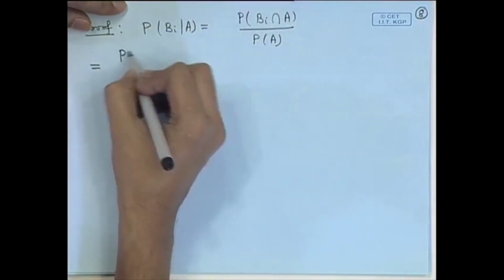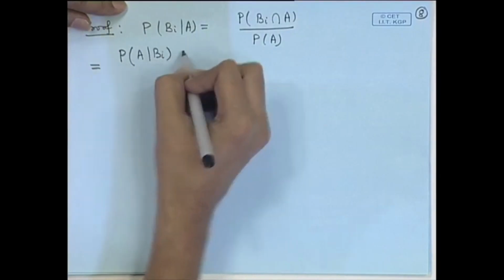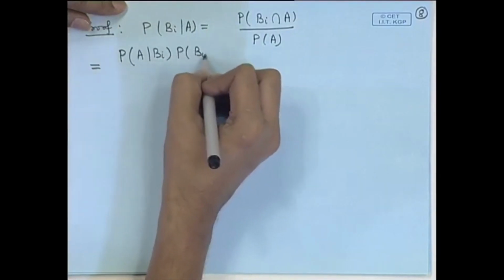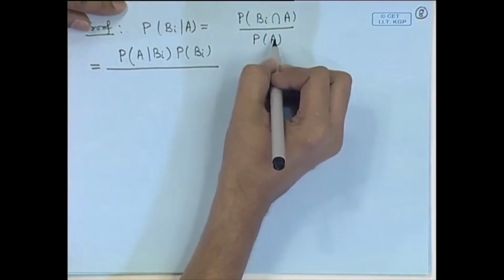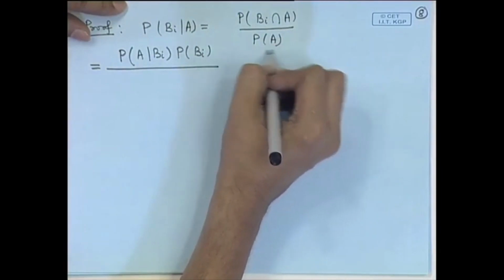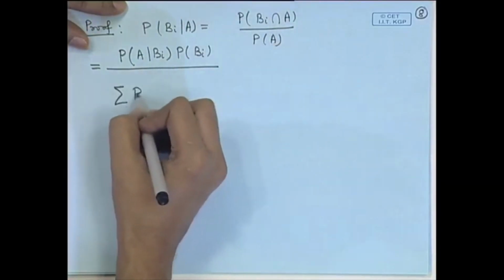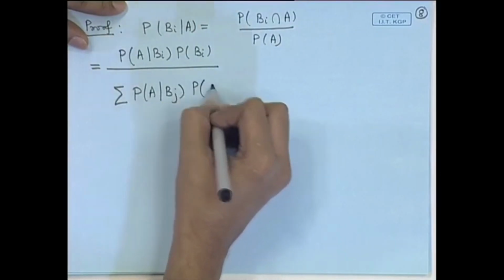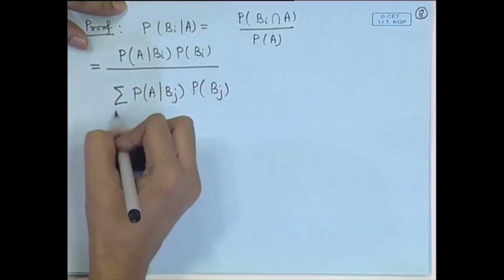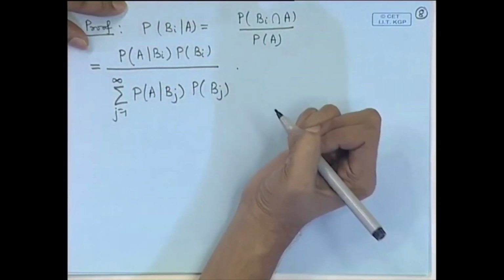So, this becomes probability of A given B i into probability of B i. In the denominator you have probability of A. Applying the theorem of total probability, we can write it as sigma probability of A given B j into probability of B j, j is equal to 1 to infinity, which proves the statement of the Bayes theorem.